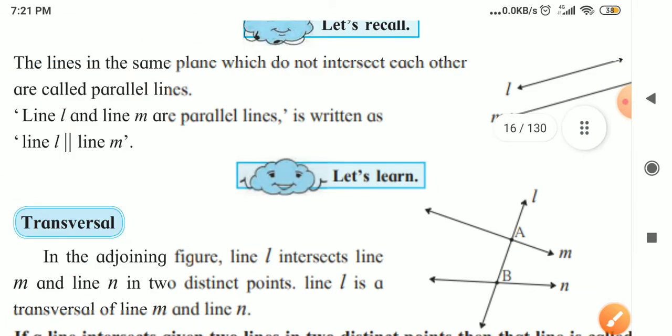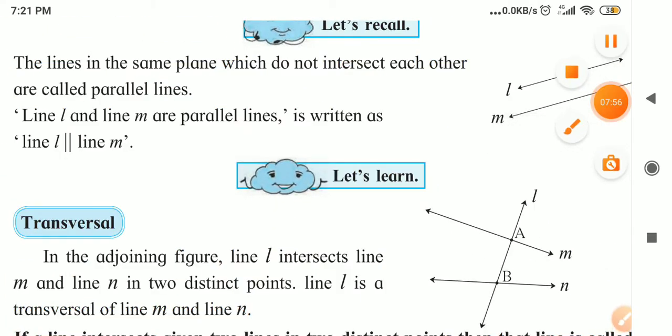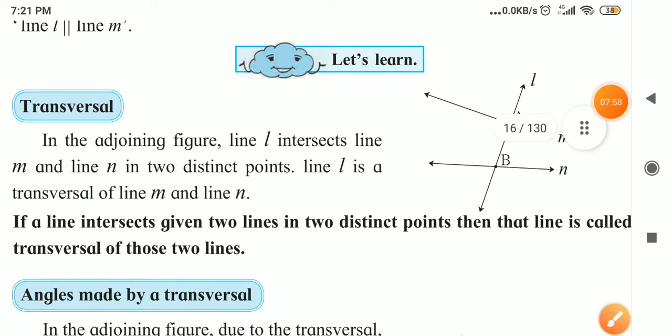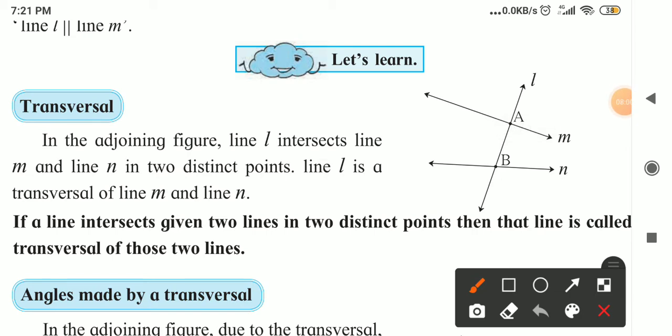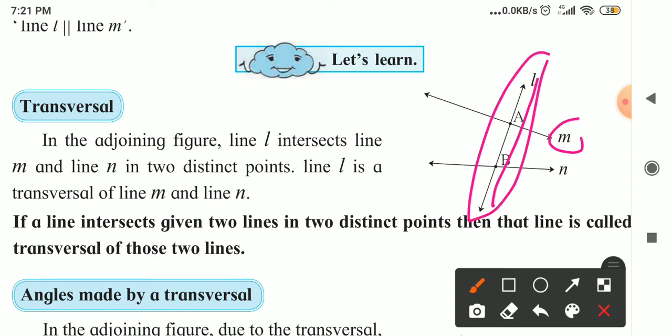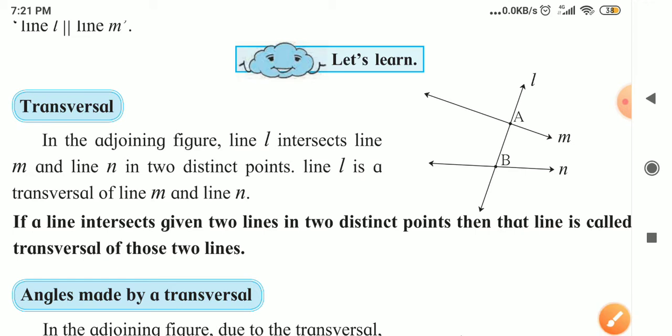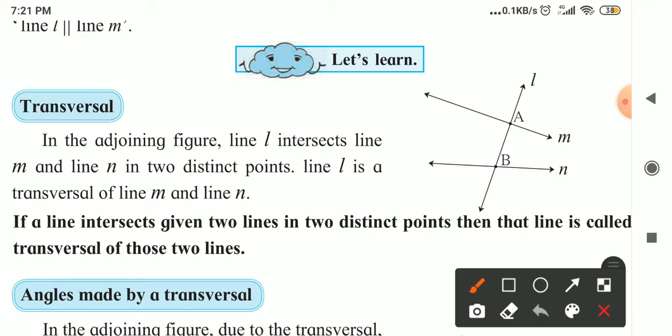Okay, so here the transversal is given in an adjoining figure. If you see here, line L intersects the lines M and N in two distinct points. Okay, and the line L is called a transversal for line M and line N.